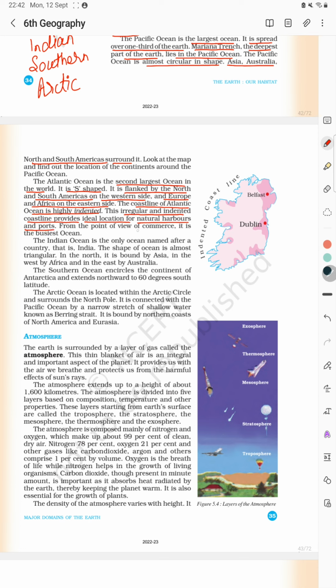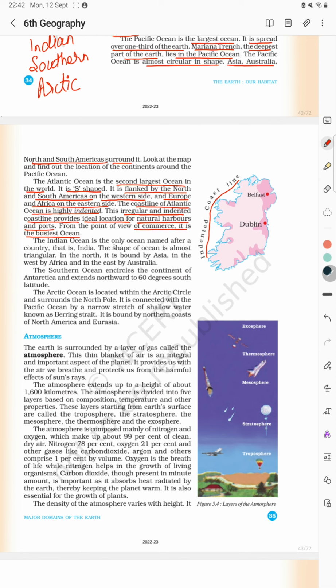From the point of view of commerce, it is the busiest ocean. So indented coastlines are a favorable position for natural harbors. In terms of trade or commerce, the Atlantic Ocean is the busiest ocean. So this is the indented coastline. You can see it is indented, not smooth.